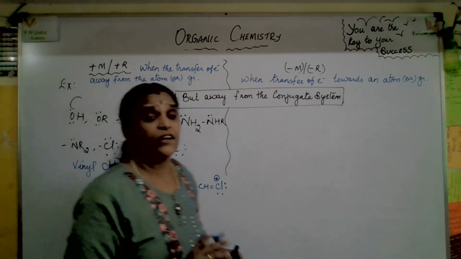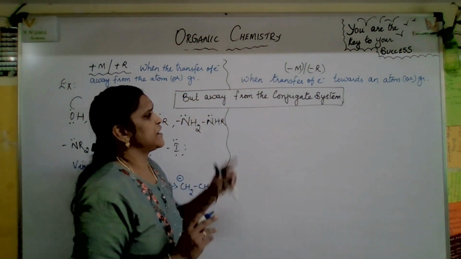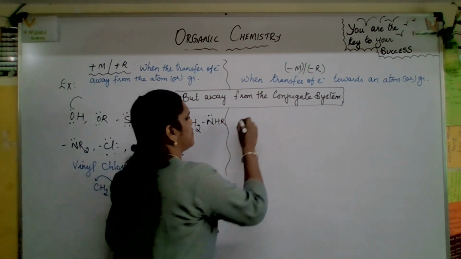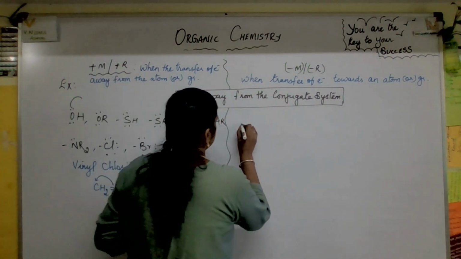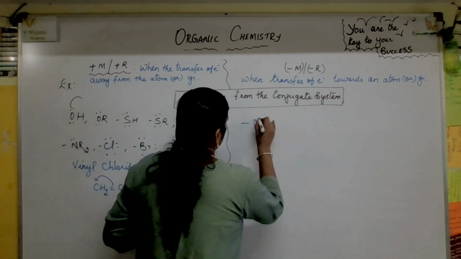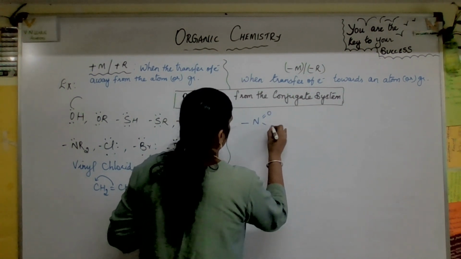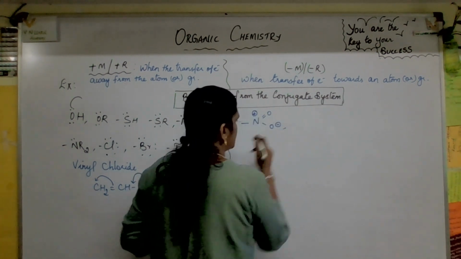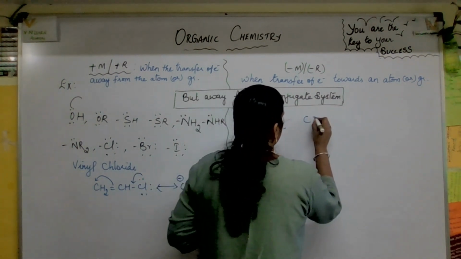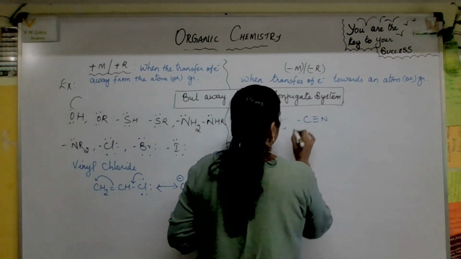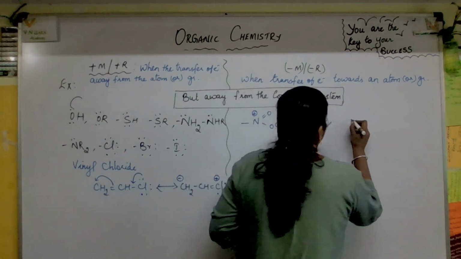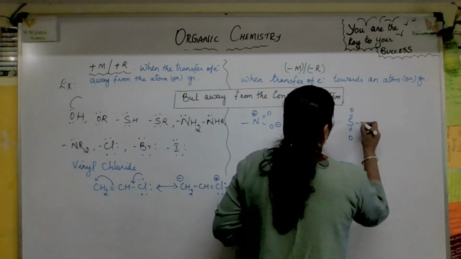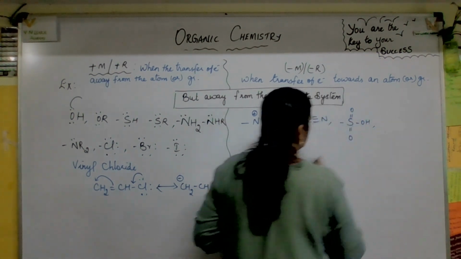Okay, now we are going to see the minus M effect. There are so many examples. Let us go and identify. Here, minus M effect examples: N double bond O, here O, here positive charge, here negative charge, which is attached to the group. C triple bond N, cyanide. Here, S double bond O, OH, which is attached to that group.